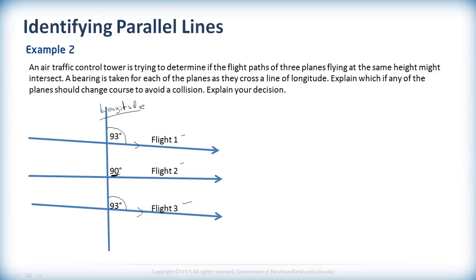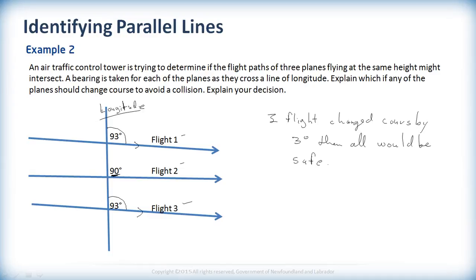So if we want to make sure we don't have a collision, then the simplest thing to do would be to get Flight 2 to change its path. So if Flight 2 changed course, at least in the short term, by 3 degrees, then all would be safe.